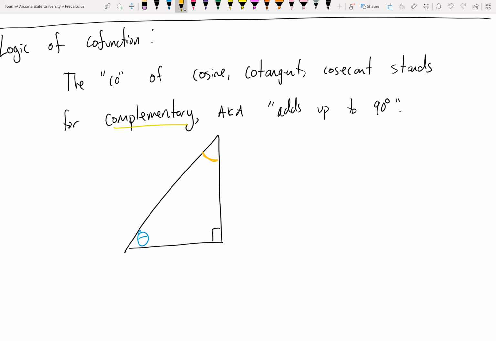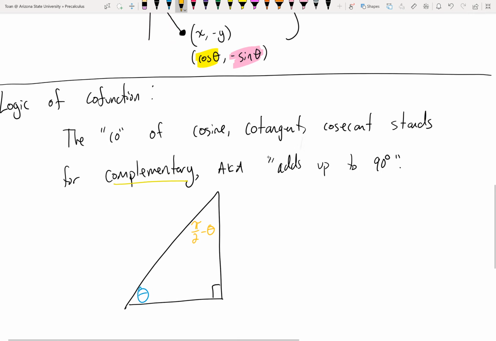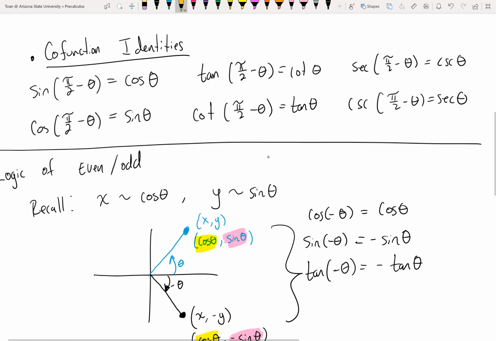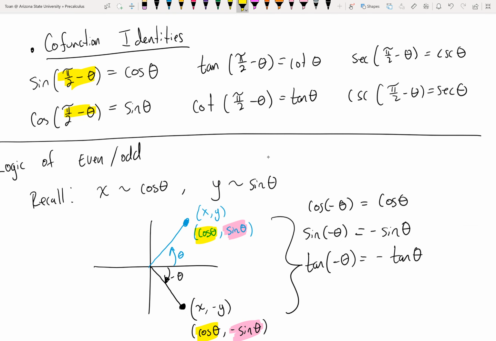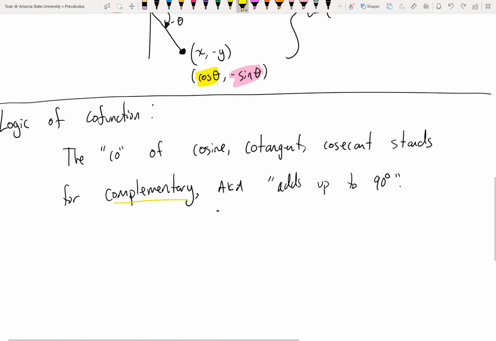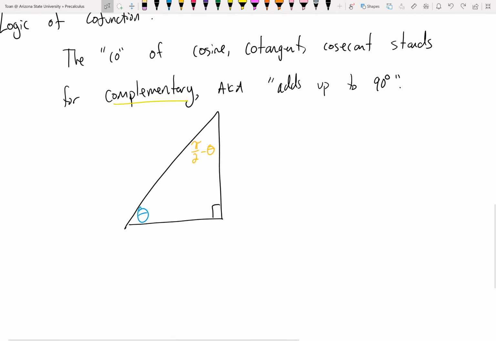You would just subtract it from 90 degrees, or in other words, if we're in the radian system, from pi halves radians. So that's where, in the cofunction identities, we get this very weird expression here. Pi halves minus theta literally says the complementary angle of theta.